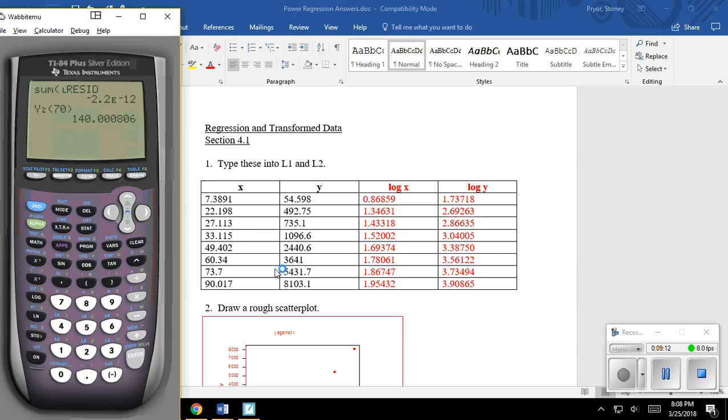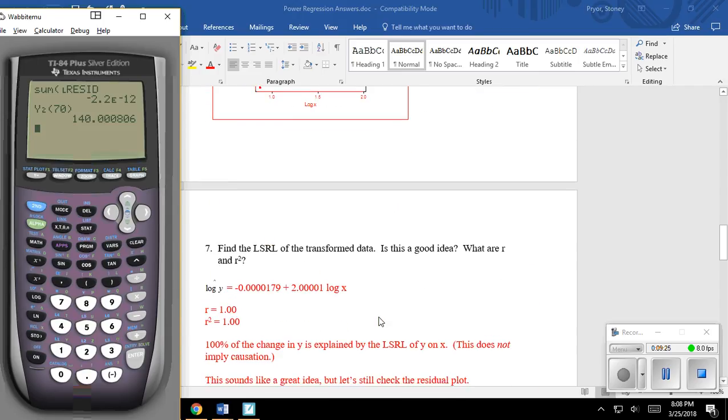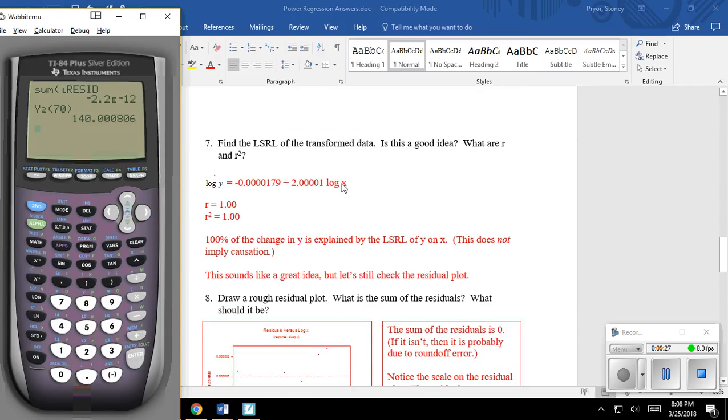So what gives? I thought this line did a really good job, but when I plug in 70, I get 140. Oh yeah, because when I plug stuff into this equation, I don't plug in x's, I plug in log of x's. And moreover, when I get answers, I don't get y's, I get logs of y's.